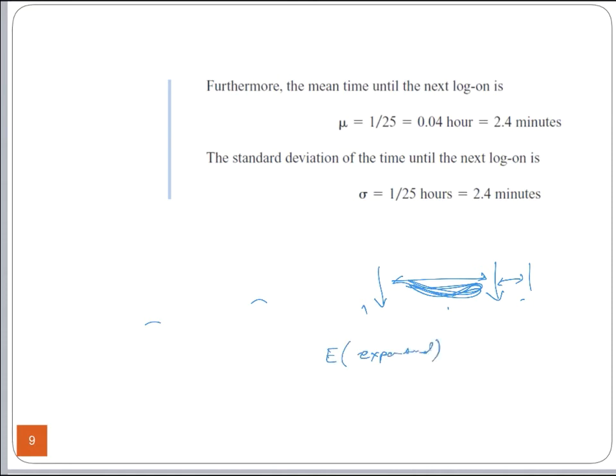Again, because this value follows an exponential distribution, mu is equal to 1 over lambda, as we know for the exponential, so it is going to be 1 over 25. And the variance of that is going to be 1 over lambda squared, so 1 over 25 squared. And then if you want the standard deviation, it's the root of that, which is 1 over 25, right?